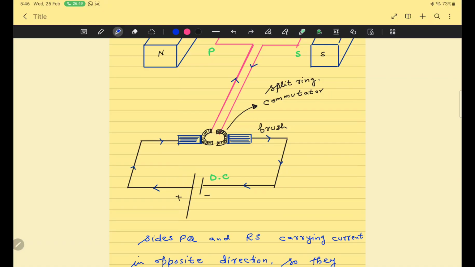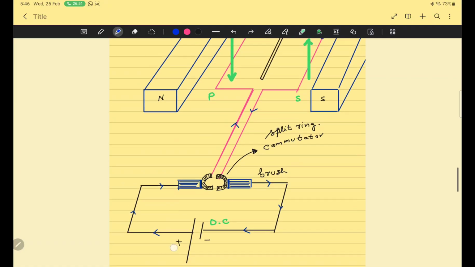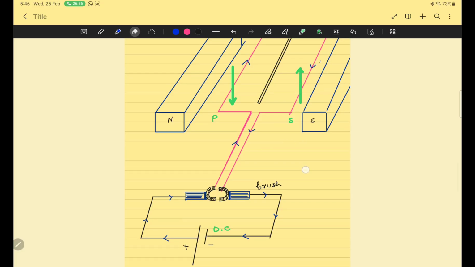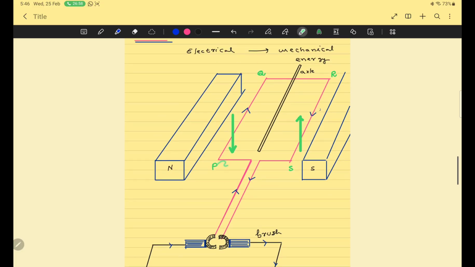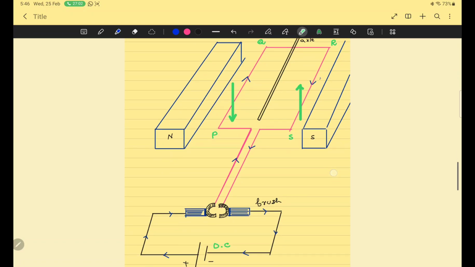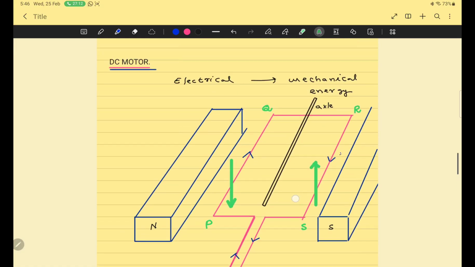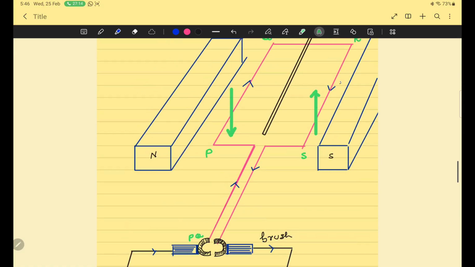So what is the function of commutator? I'm going to explain. Consider this side PQ connected with this commutator, and I am giving this commutator the name PQ.